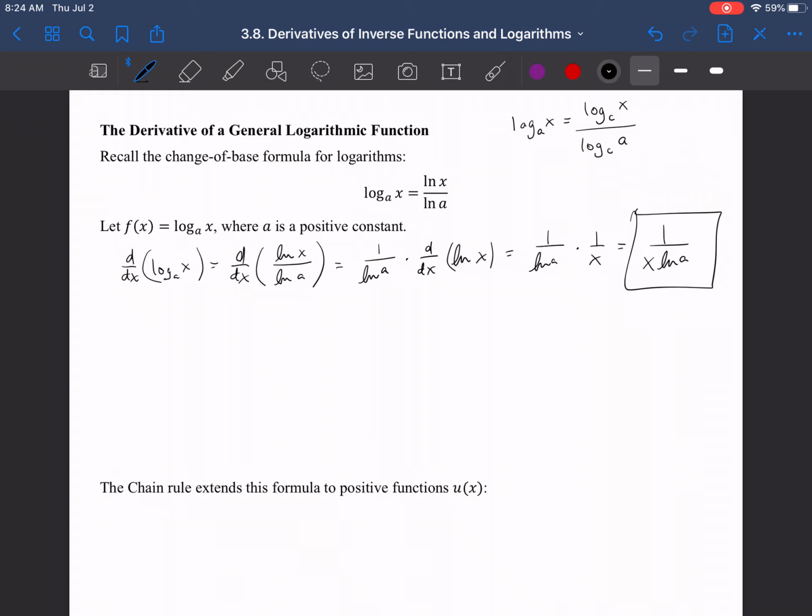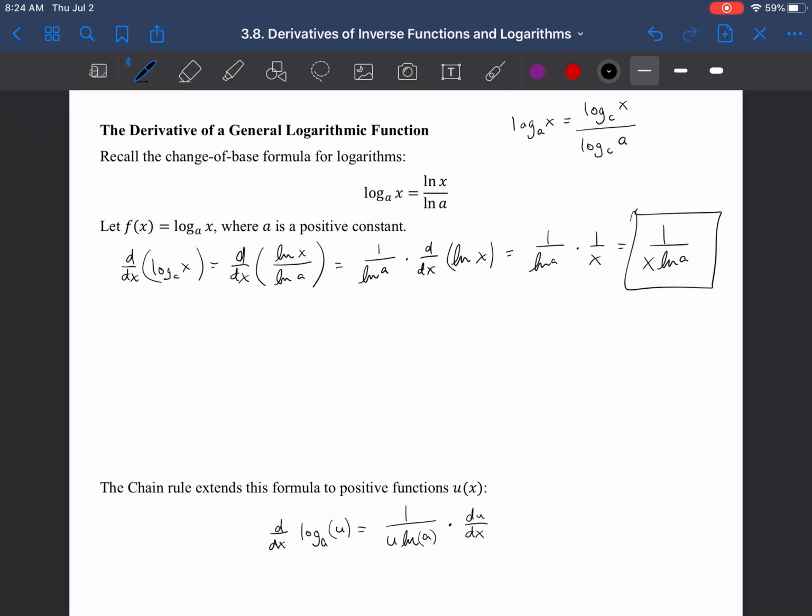You can basically use the chain rule to extend this. If u is a function of x, the derivative of the log base a of u is just going to be 1 over u times the natural log of a, times the derivative of u.